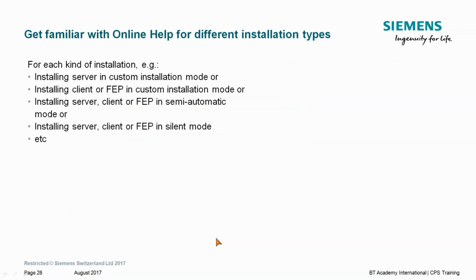Let's have a look again at the online help. For each kind of installation, there is a list: installing server, installing client, installing server in semi-automatic mode, in custom installation mode, or in silent installation.